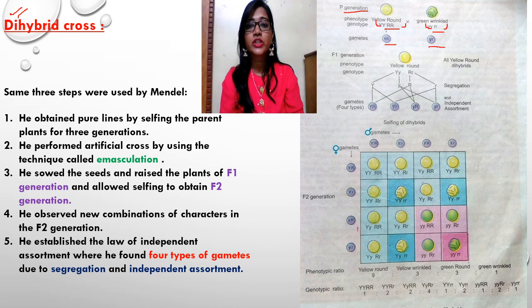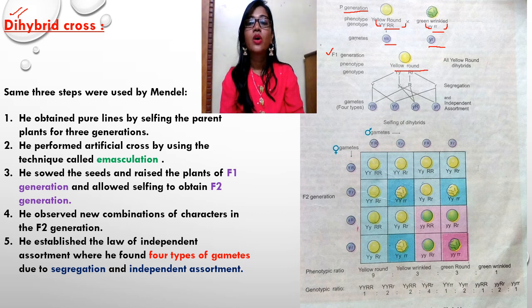In the first generation, that is the first filial generation, by crossing these two characters, Mendel observed that all the plants of the first filial generation carried yellow round seeds.